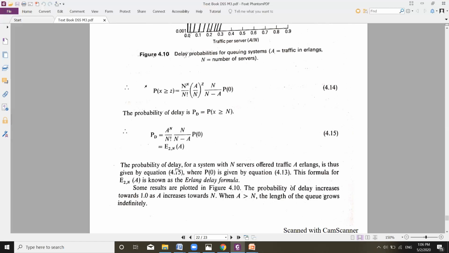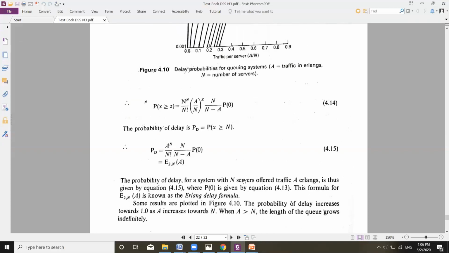This is the probability of delay for a system with n servers offered a traffic of a erlangs. The meaning of equation 4.15 is the probability of delay that is possible to occur whenever we have n servers and the traffic of a erlangs is given. And this formula, equation 4.15, is known as Erlang's delay formula.